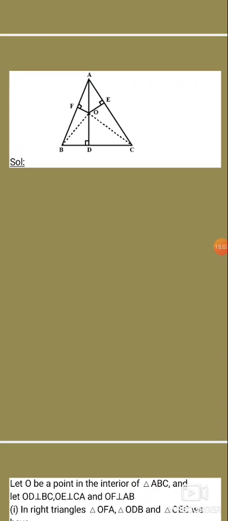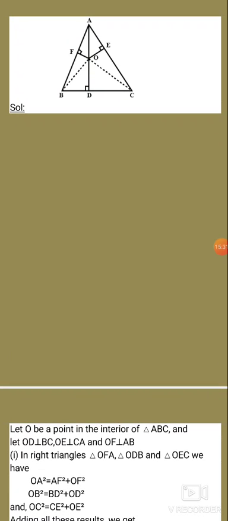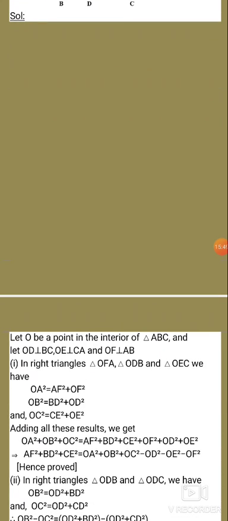So listen, let O be a point in the interior of triangle ABC, with OD perpendicular to BC, OE perpendicular to CA and OF perpendicular to AB. Now in triangles OFA, ODB and OEC we have OA square is equal to AF square plus OF square.